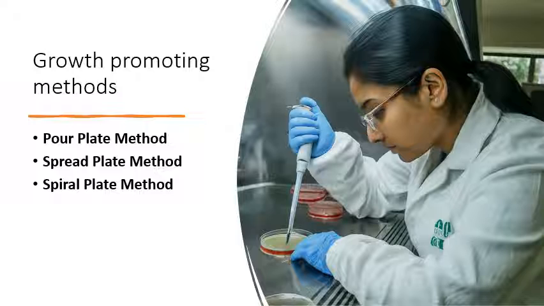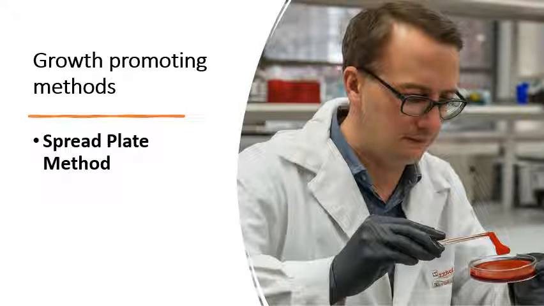It can also be done that way. Then we look at the next method. So for the spread plate method, we go on with the same procedure, except that in this case the molten agar is poured on the petri dish and allowed to solidify.